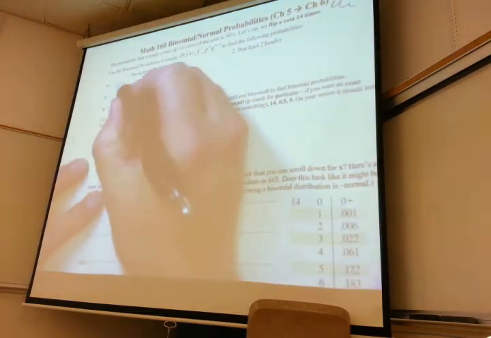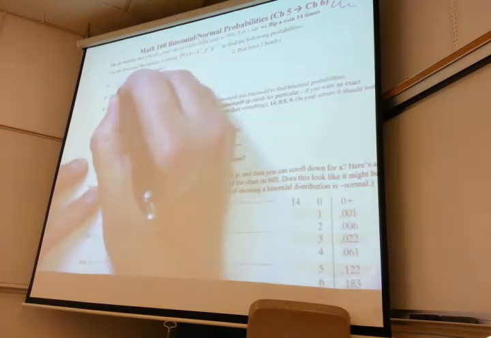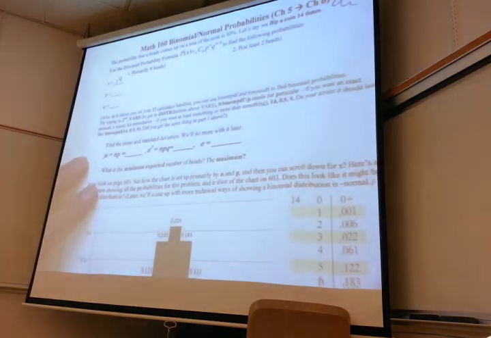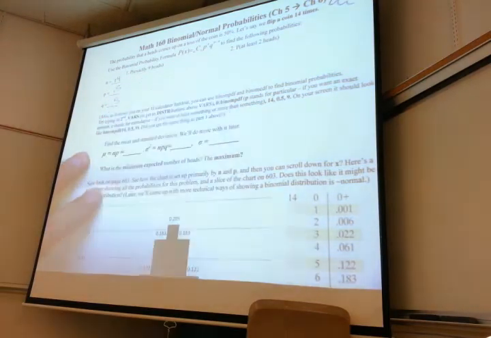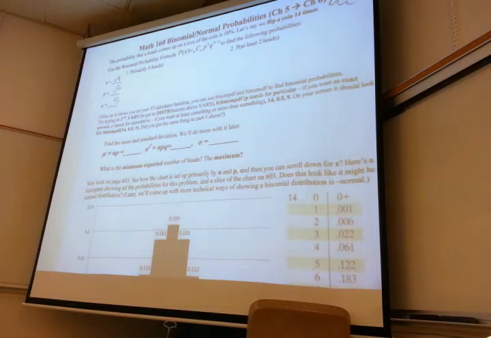What's n here? 14, cool. I'm flipping that thing 14 times. What's p? 0.5, so what's q? 0.5, cool. Now in this specific case, the formula can simplify a bit since p and q are both the same, but we're just going to attack it directly without realizing that.